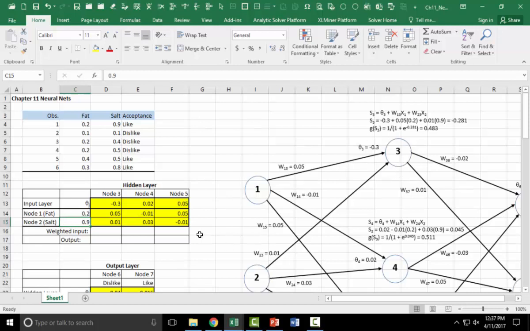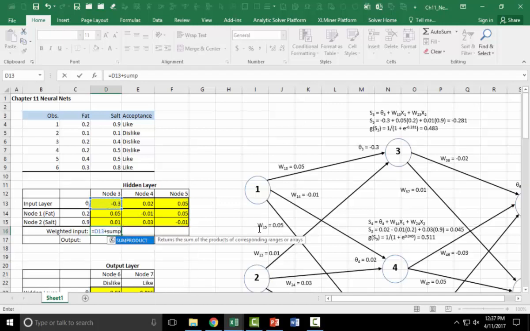So the input into 3 is the bias, right, plus the sum product of the weights. Yeah. So the weights are that.